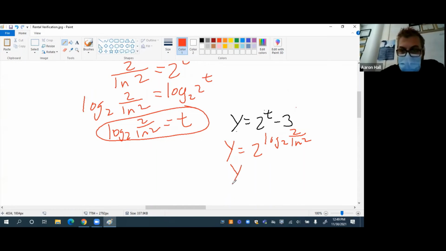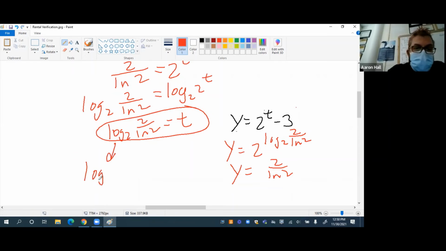And we're left with y equals 2 over ln of 2. So the precise point on our curve where we have a slope of 2 is at log base 2 of 2 over ln of 2, comma 2 over ln of 2.